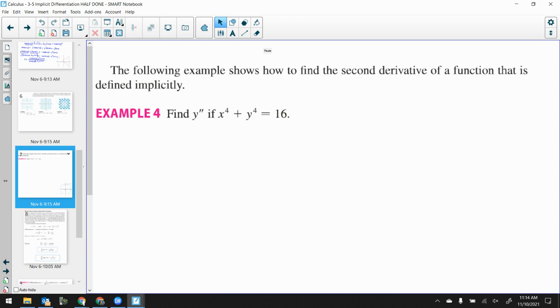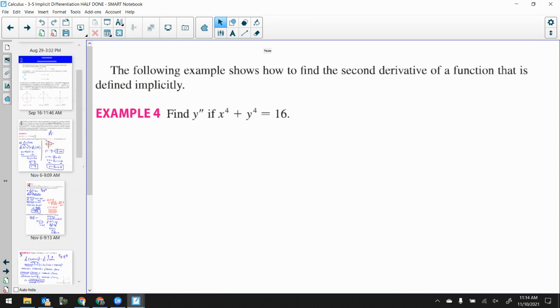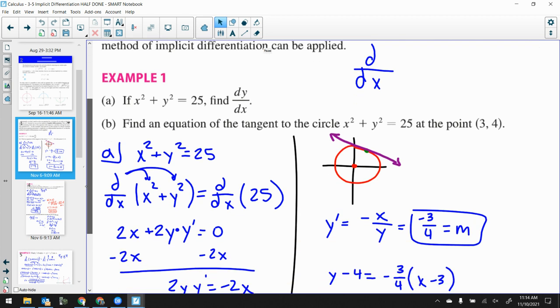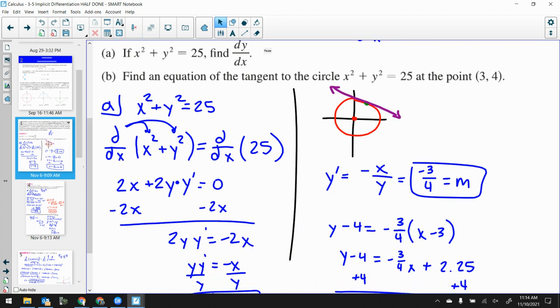So we know how to do it, right? We talked yesterday about if we're trying to differentiate and we come across a y value and there's something acting on that y value, you have to treat it like a chain rule. You have to differentiate whatever is happening on the y and then tack on a y prime to it. If there's nothing happening to the y, then it just turns into y prime.